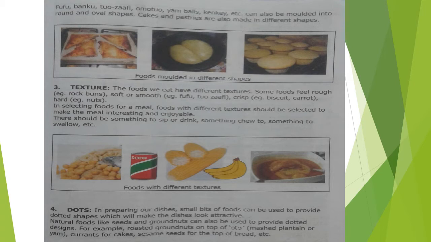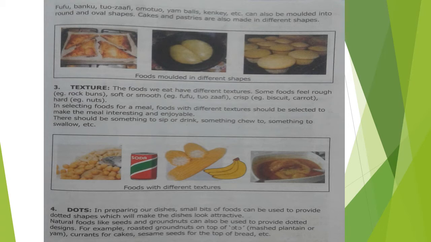Now let's move to dots. In preparing our dishes, small bits of foods can be used to provide dotted shapes, which will make the dishes look attractive. Natural foods like seeds and granules can also be used to provide dotted designs.